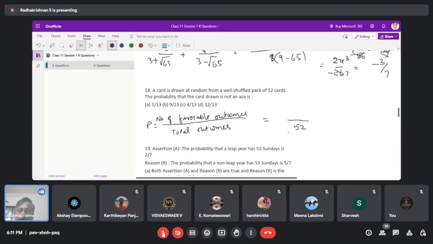Each suit has A to king. A, 2, 3, 4. So how many aces are there? 4. 4 aces. So the remaining cards are 48. So favorable outcomes is 48. Total number of outcomes is 52. So this is your answer.